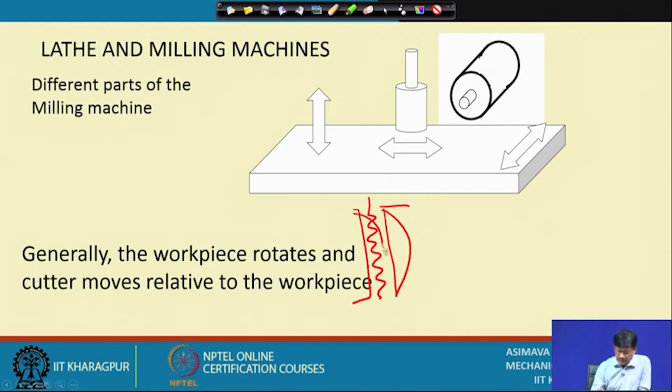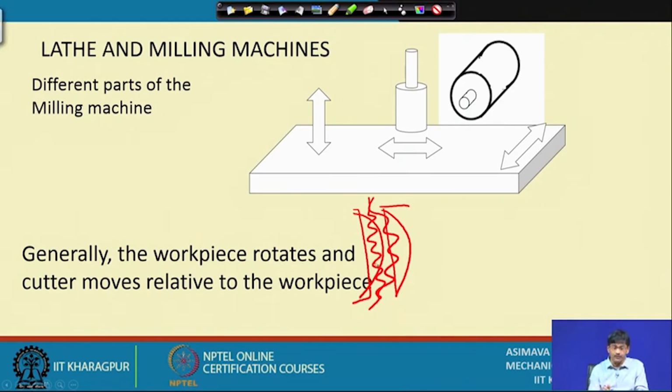So, why go for such a structure? In fact, for production type machines, generally they go for a fixed bed type machine, where the table does not have such a structure and does not go up or down. The cutter assembly moves down or up, so that this question of buckling does not take place.